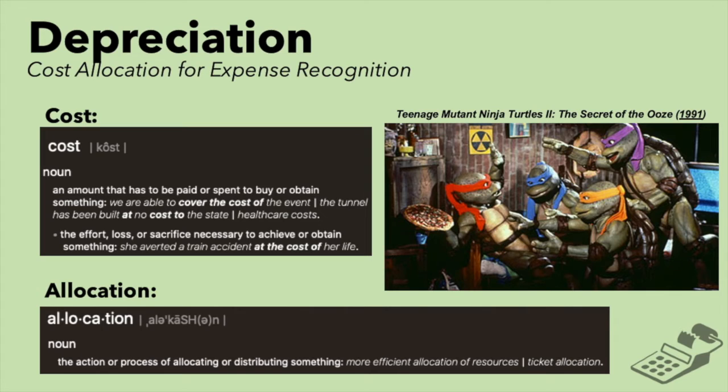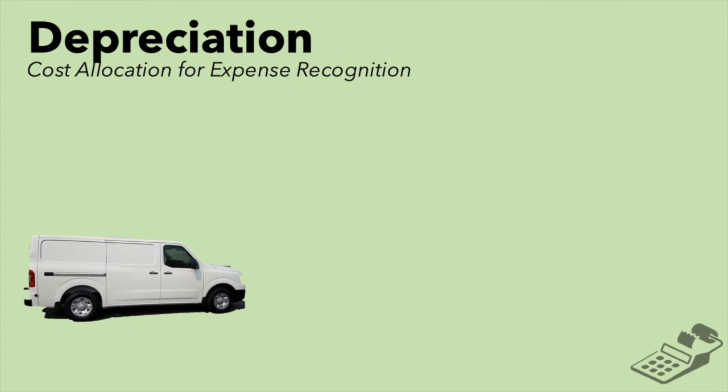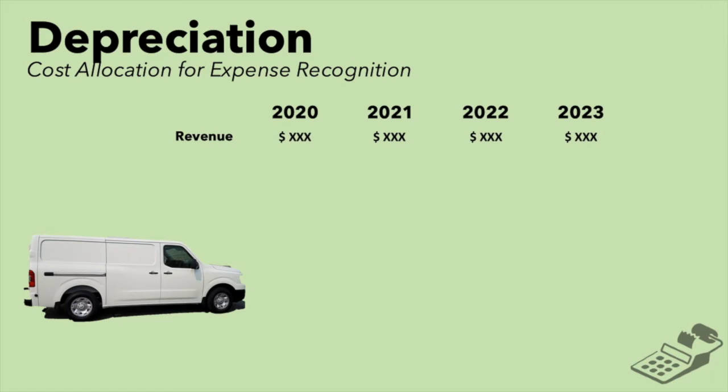So, cost allocation. Let's say that we're a florist and we're going to purchase a new van to deliver flowers in. That van is going to help us generate revenues, we think, for the next 4 years: 2020, 2021, 2022, 2023. So we expect this asset that we've purchased to provide us with revenues for the next 4 years.